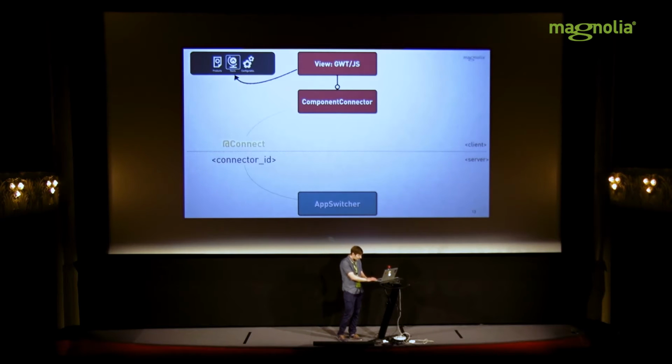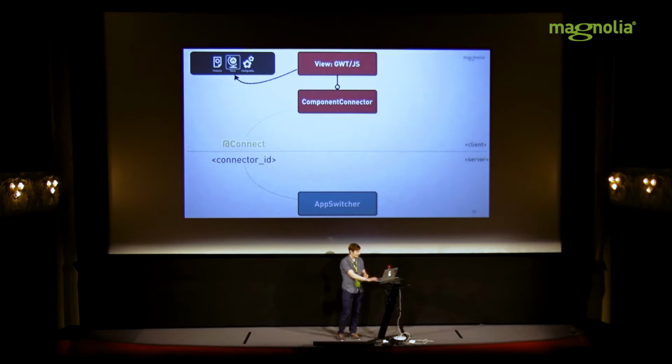But also, it acts as a counterpart for our Vaadin component on the server side. They both share the same component ID, and they are connected with an annotation or a bit differently in JavaScript. But anyway, Vaadin knows that on the server side we have this app switcher. On the client side we have a component connector for it, possibly called something like app switcher connector.